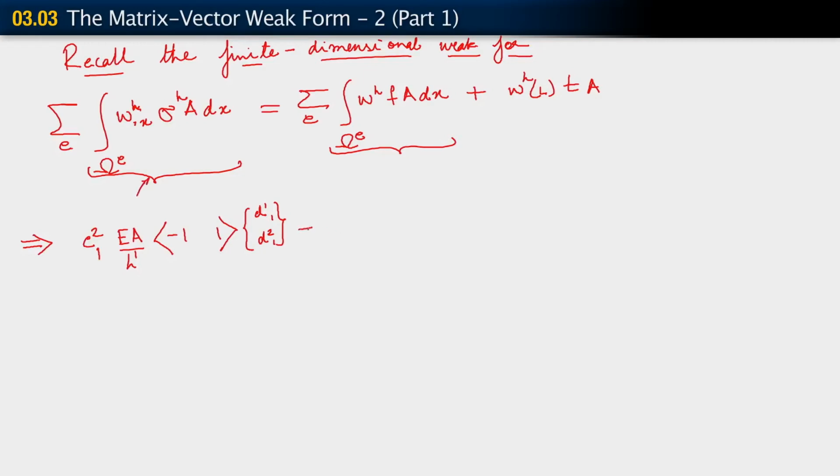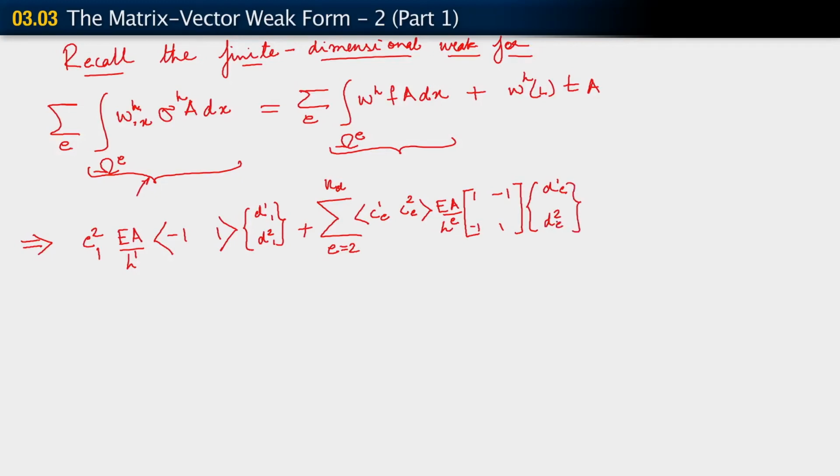Okay, for the other elements now we have the sum E equals 2 to NEL of C1E, C2E, E A over HE times this very simple matrix 1 minus 1 minus 1 1 multiplying D1E, D2E.